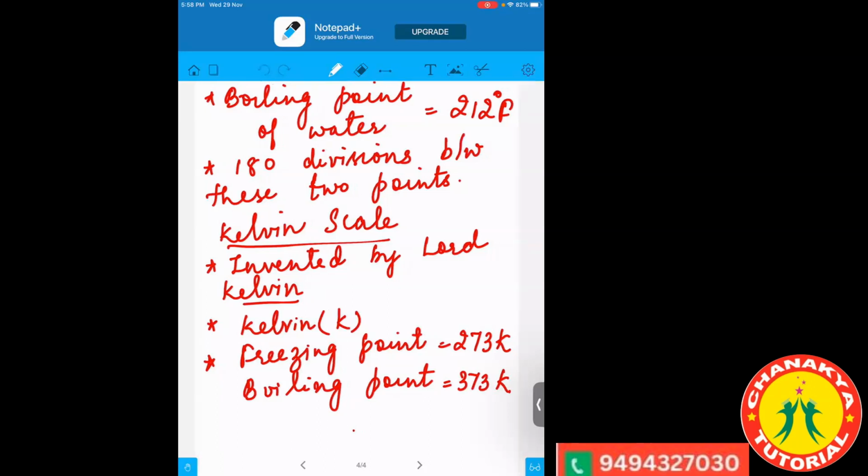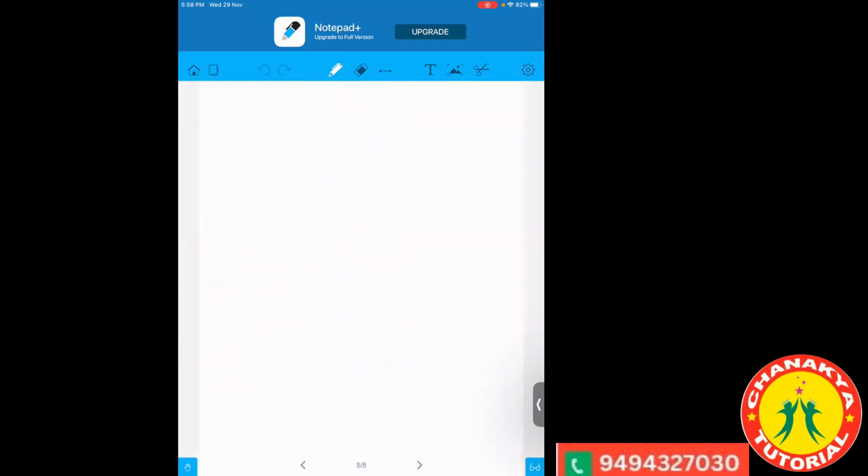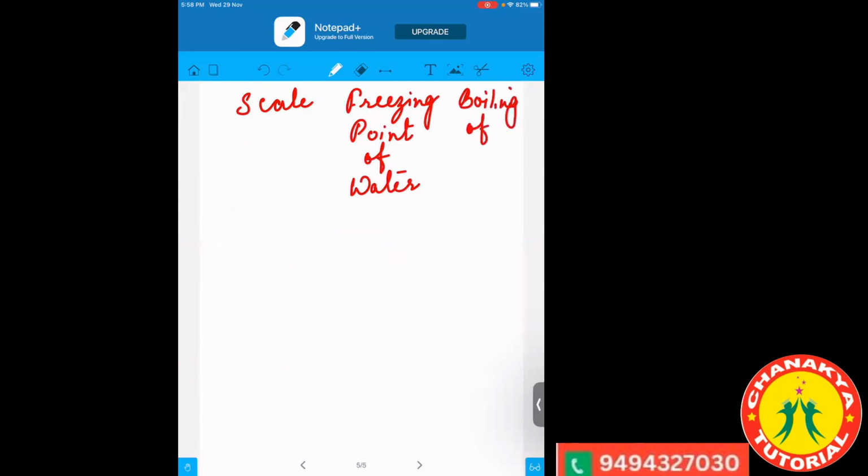Now, if I sum up all these 3 together, here we'll write the name of the scale we are talking about, then the freezing point of water, and at last the boiling point of water.